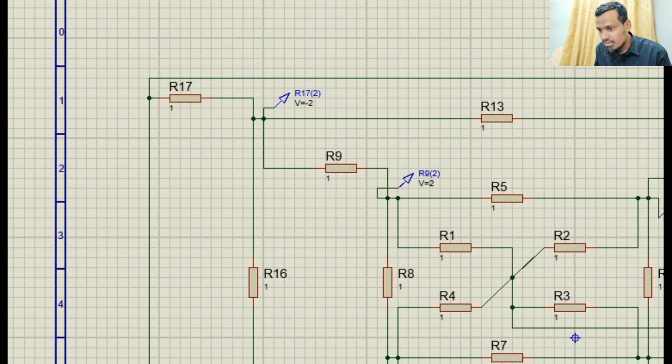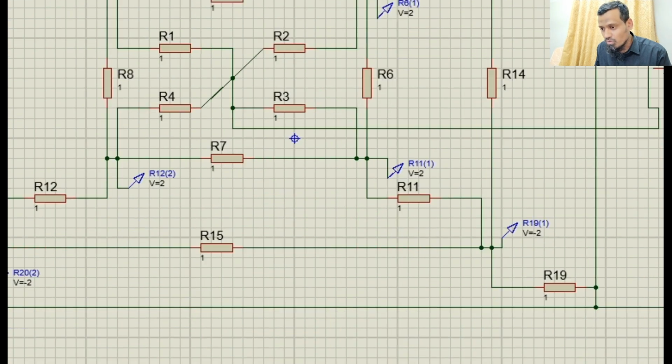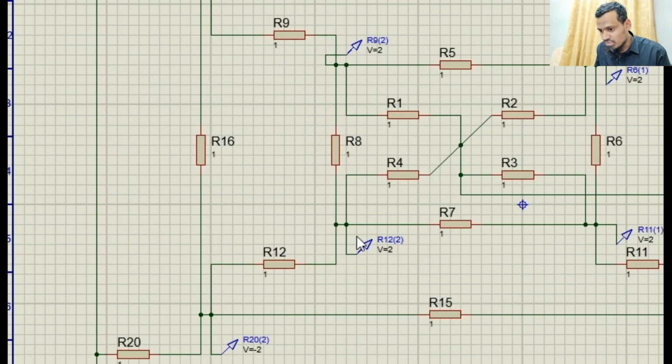You can see here node 5 is having a voltage of -2, the voltage of node 6 is also -2 volts, the voltage of node 7 is also -2 volts, and here comes the last node, node 8. Again it is -2 volts.